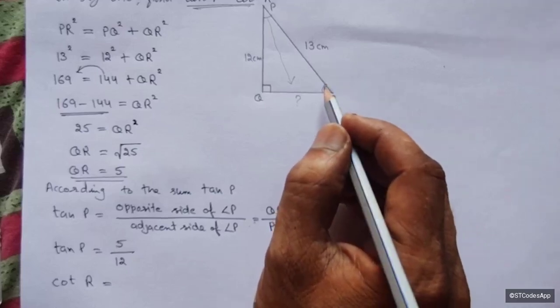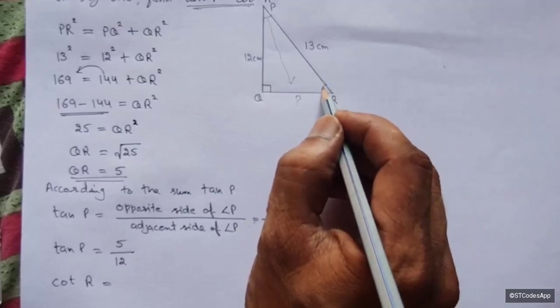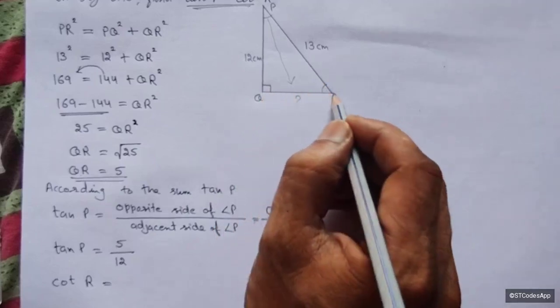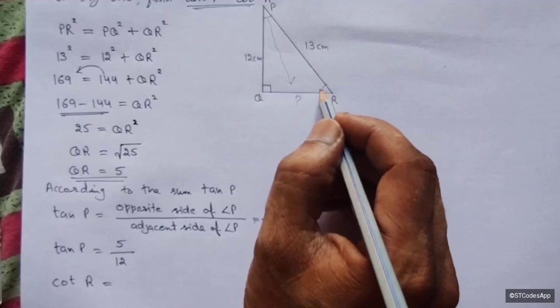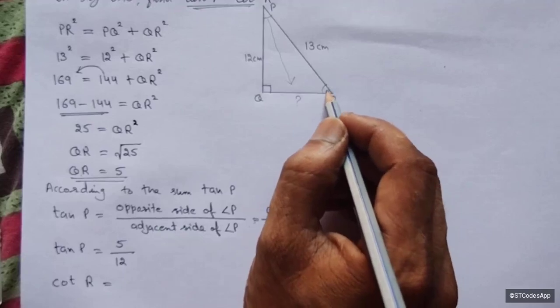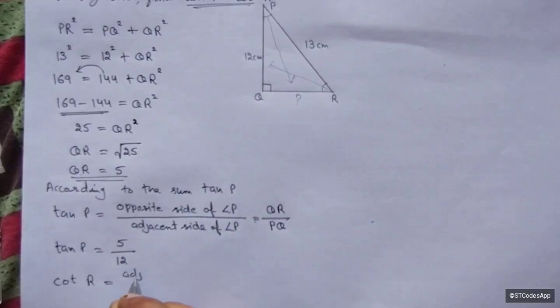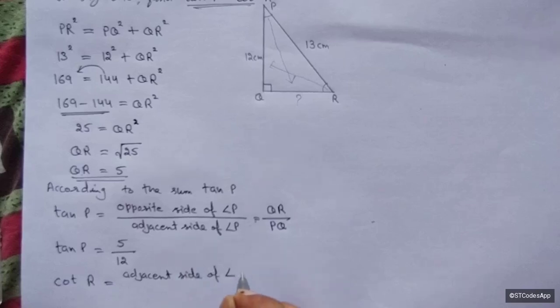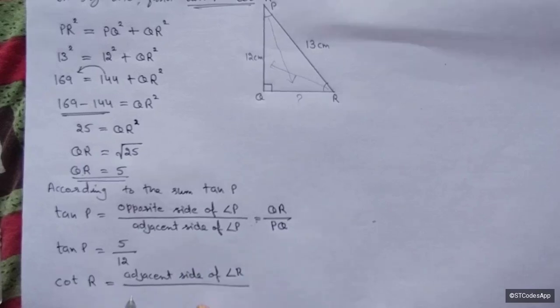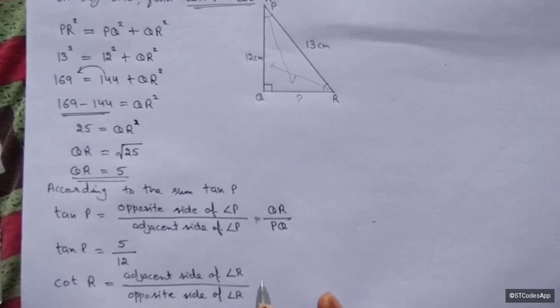So cot R, cotangent R, means adjacent side of angle R divided by opposite side of angle R. What is the adjacent side of R?